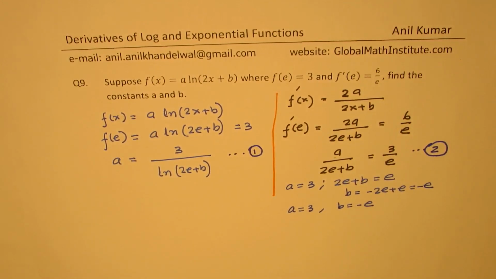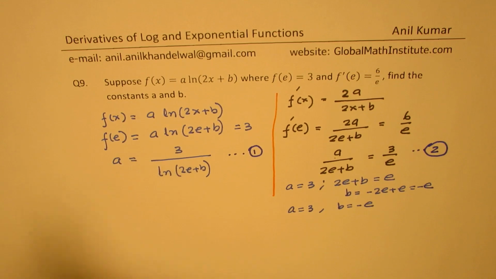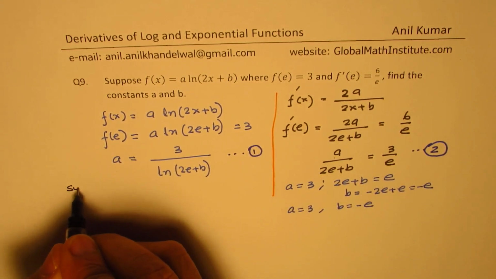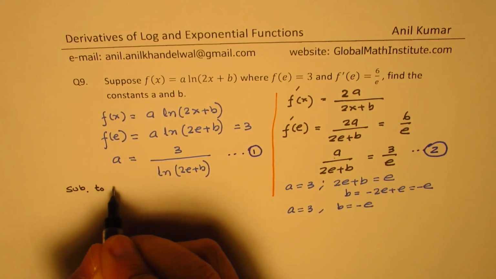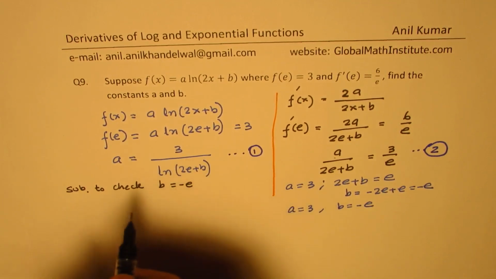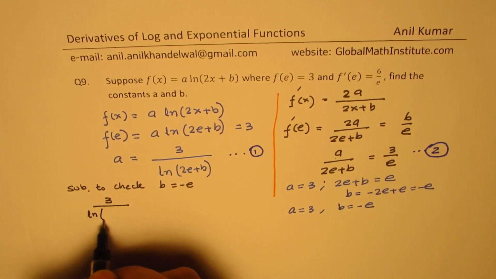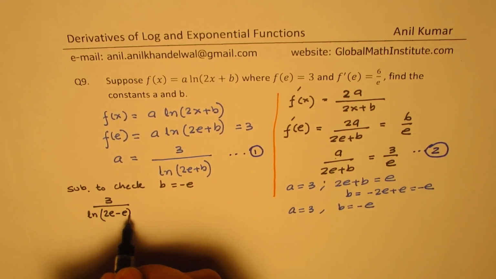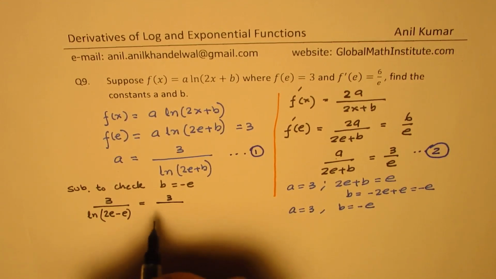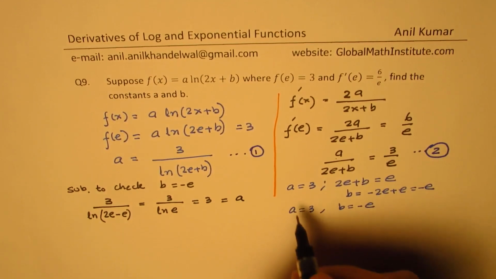Now we'll check if this is the right solution or not. We'll substitute b equals -e here to check our solution, and find what a is. If I substitute -e, I get 3 over ln(2e - e), which is 3 over ln e, which is 3, which is the value of a as we figured out.